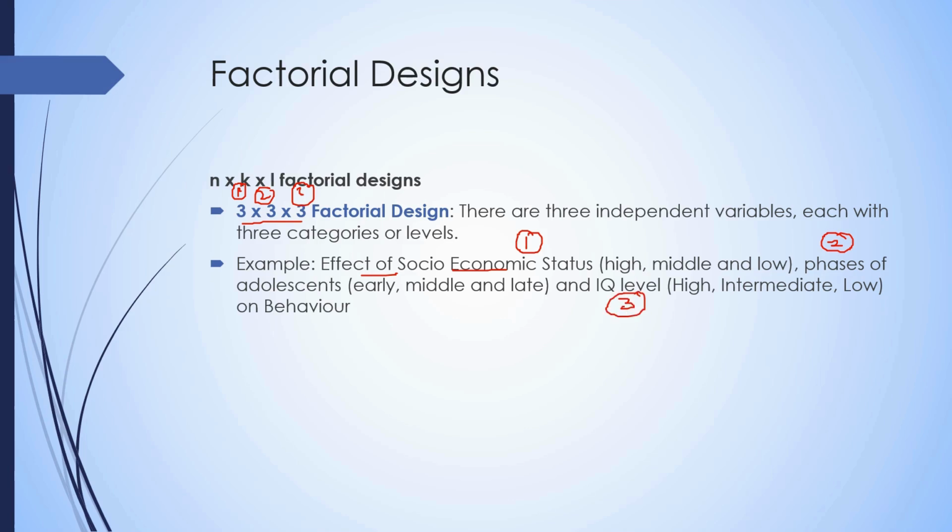On behavior, here behavior would be the dependent variable on which we are going to study the effects of these three. The first independent variable, socioeconomic status, has three levels: high, middle and low. The second one, phases of adolescence, has three levels: early, middle and late. The third, IQ level, has high, intermediate, low. So this is our 3 into 3 into 3 factorial design.